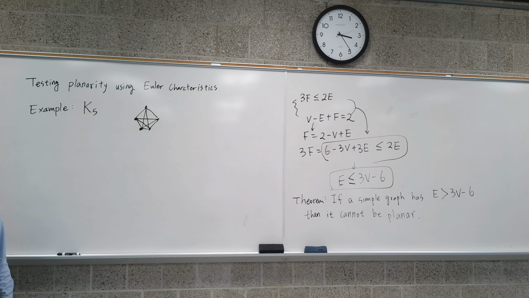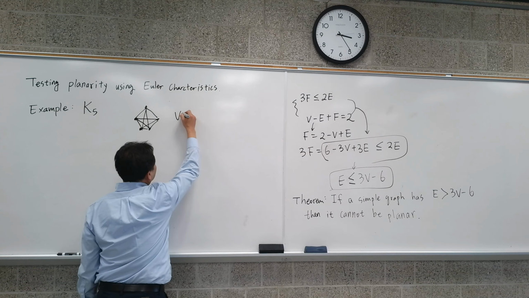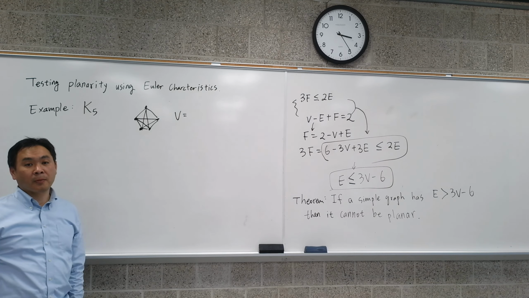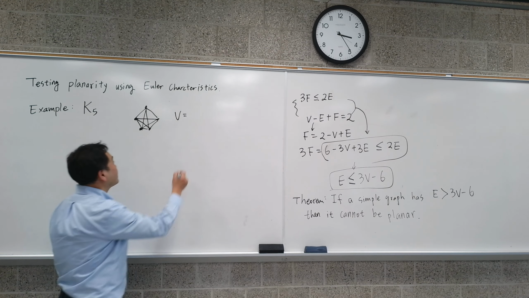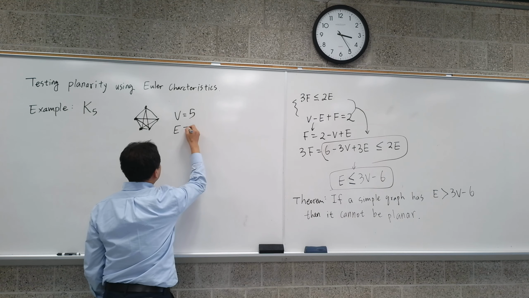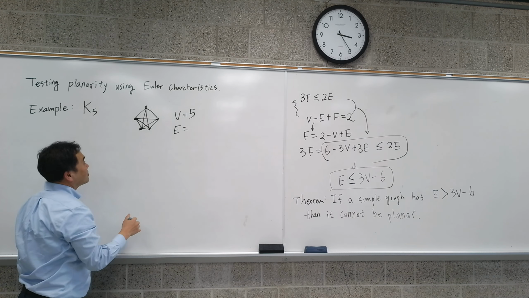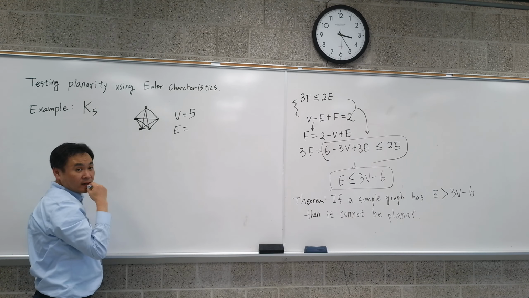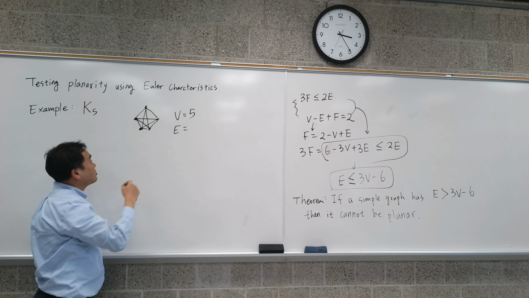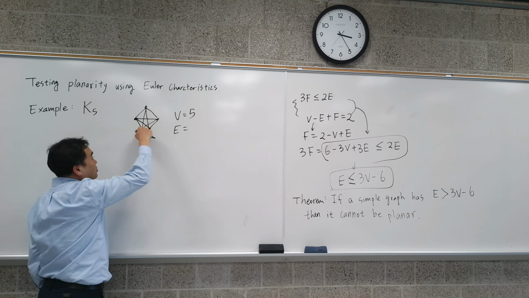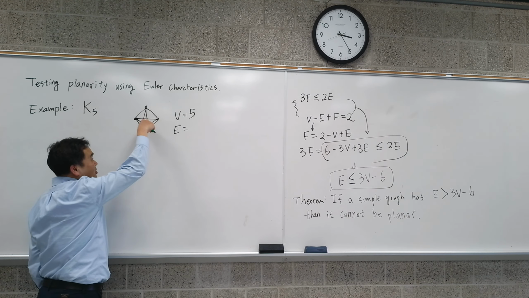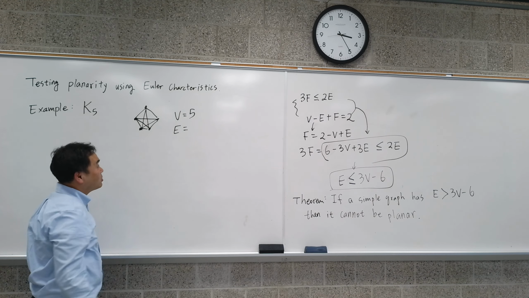Now tell me what V is. 5. Tell me what E is. 10, right? Because there's the 5 edges around the outside, and then the edges that are in here. If you count them, that's an extra 5. So E is 10.